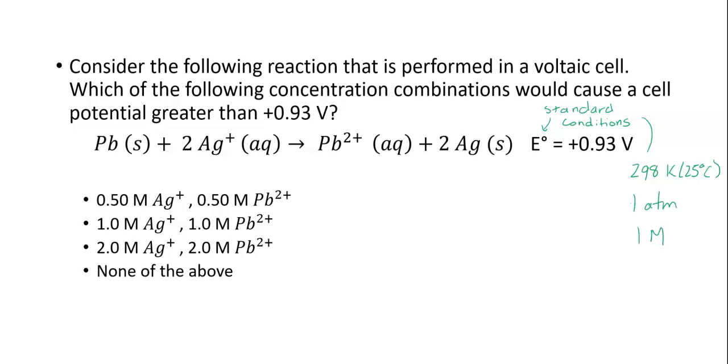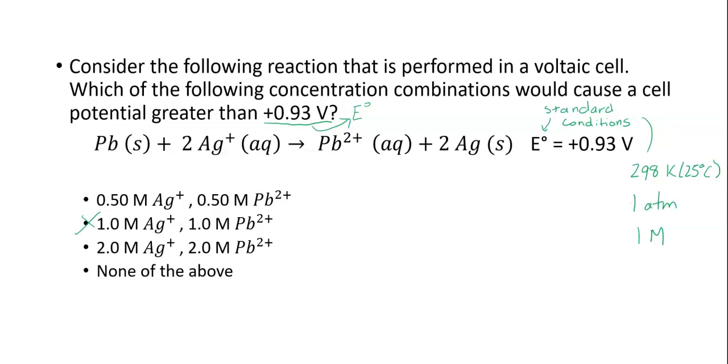All of our solutions are at 1 molar. That's what we mean by standard conditions. So that's the cell potential under those conditions. And the question is, which of the following combinations of concentrations below would cause a cell potential that's greater than 0.93 volts, which is our standard cell potential. Okay.